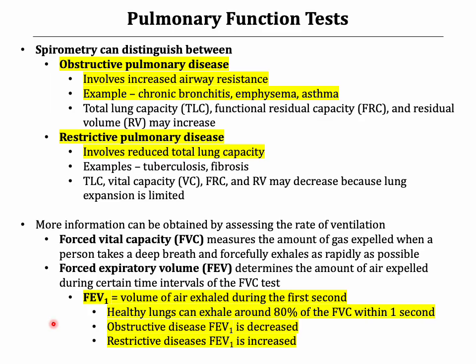And in healthy lungs, we should be exhaling around 80% of that forced vital capacity within one second. We should be able to remove that air very quickly, again, about 80% in that first second. If that volume is decreased or increased, that really provides the indication of the type of disease that a person may or may not have.